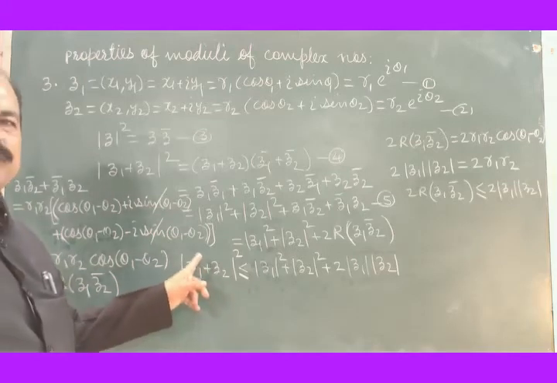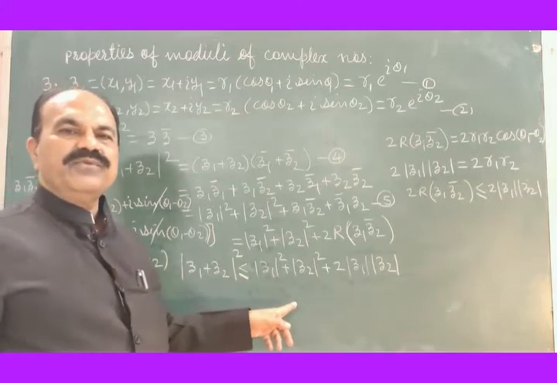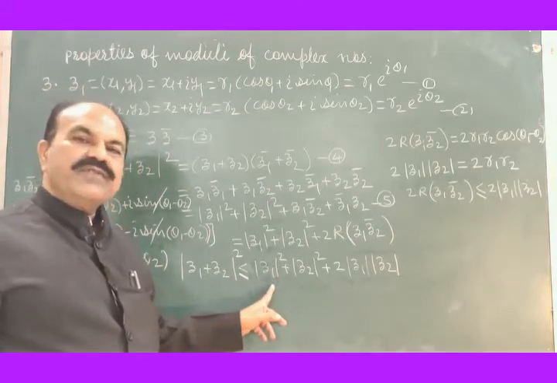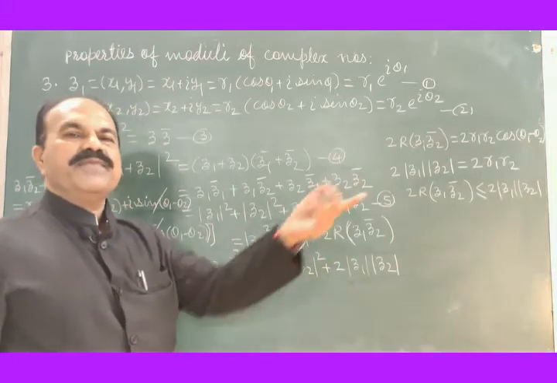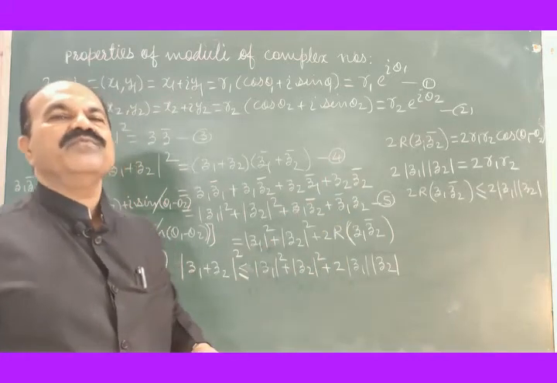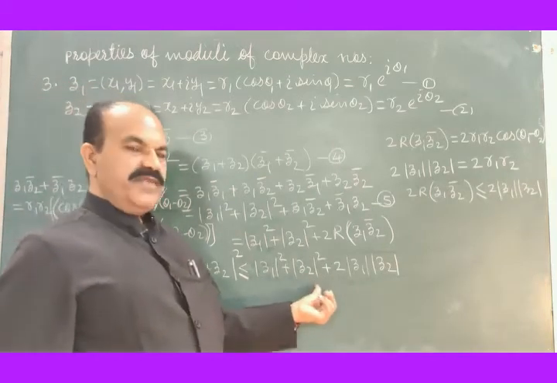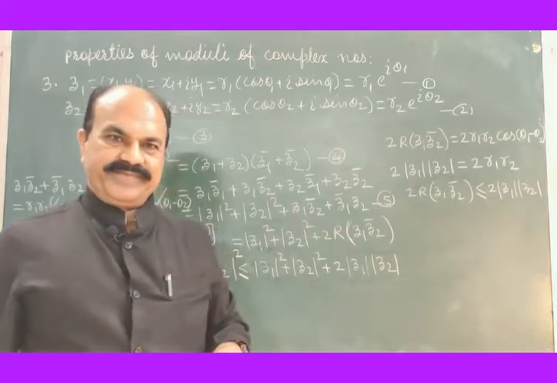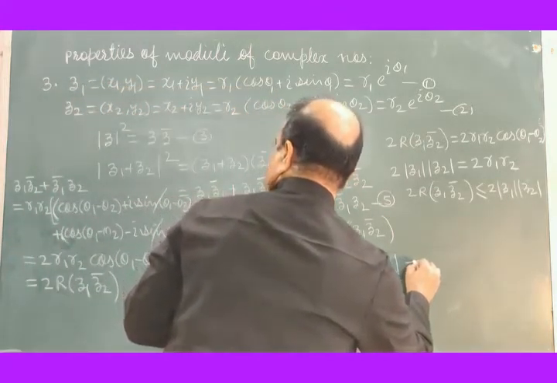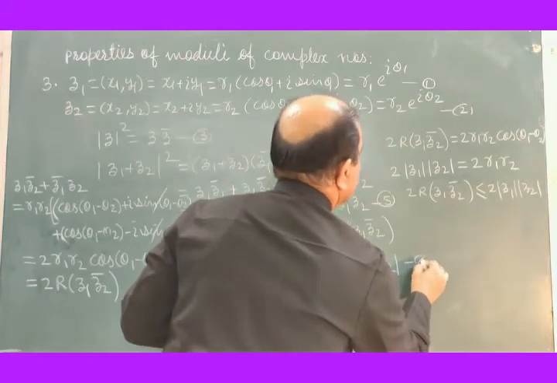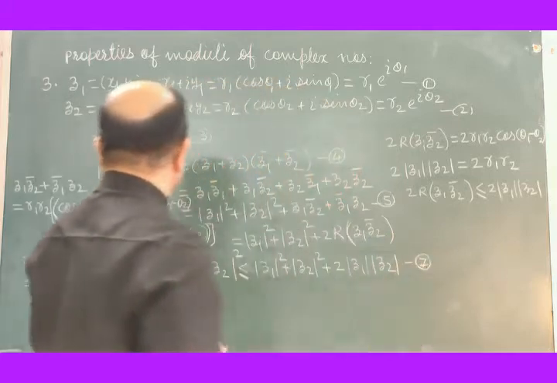Square of modulus of Z1 plus Z2 is less than or equal to square of modulus of Z1 plus square of modulus of Z2 plus 2 times modulus of Z1 into modulus of Z2. This is a square plus b square plus 2ab. Equation number 7.